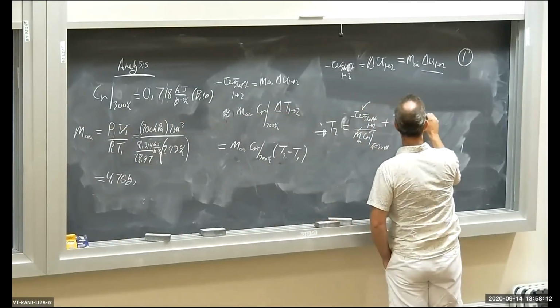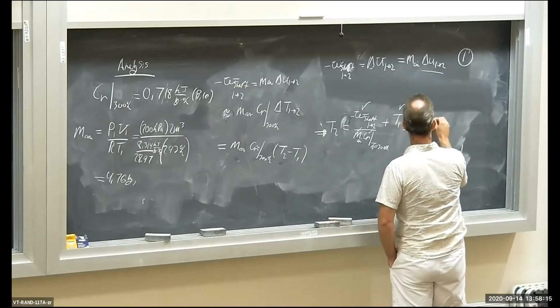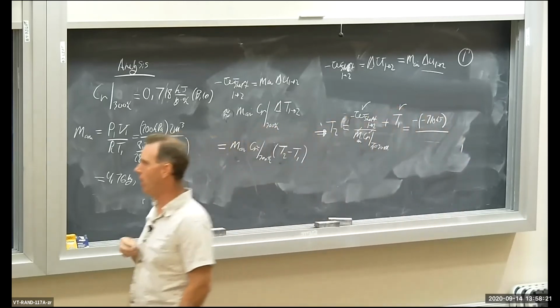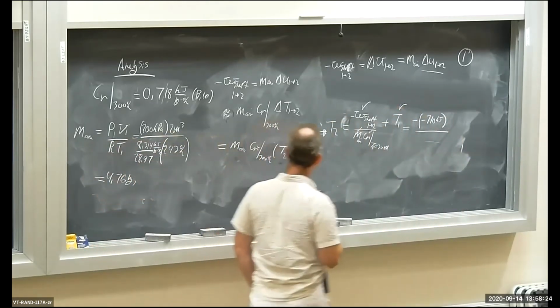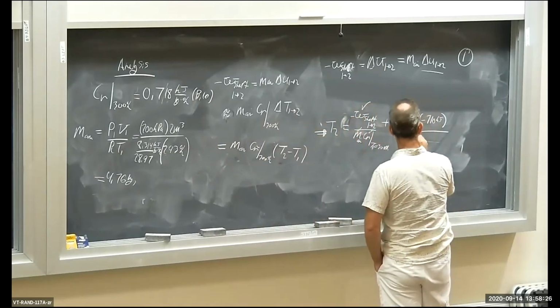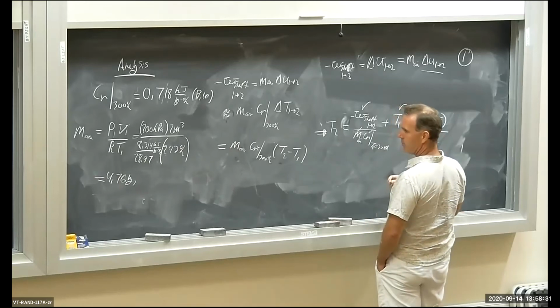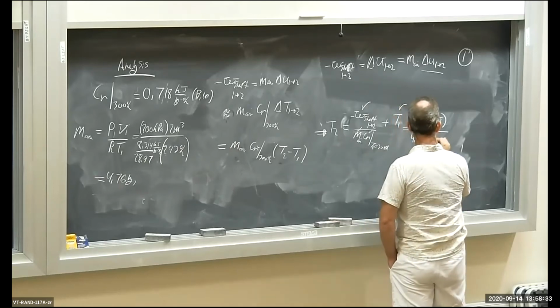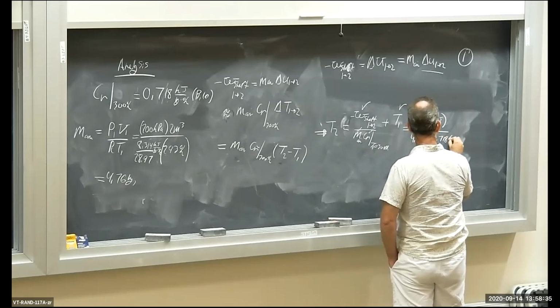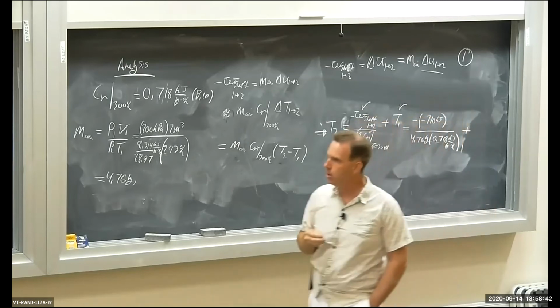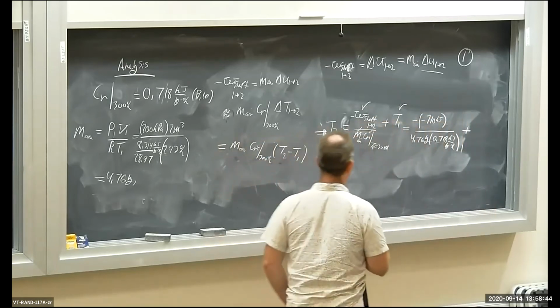So it's going to be negative 710 kilojoules on the system. And then I have the mass, which is 4.76 kilograms. And then the specific heat, 0.718 kilojoule per kilogram degree Kelvin. And then I have T1, which is 293 degrees Kelvin.